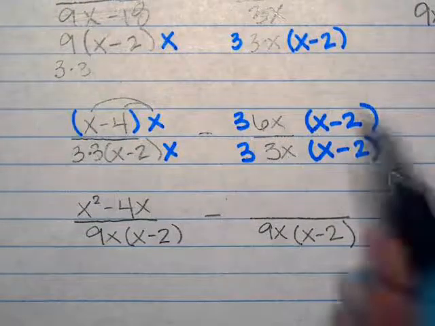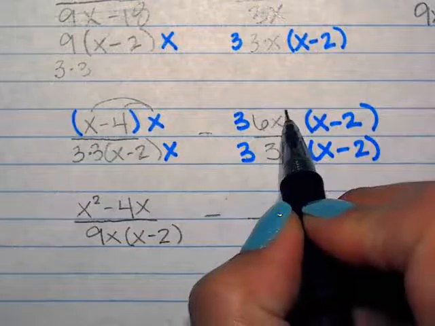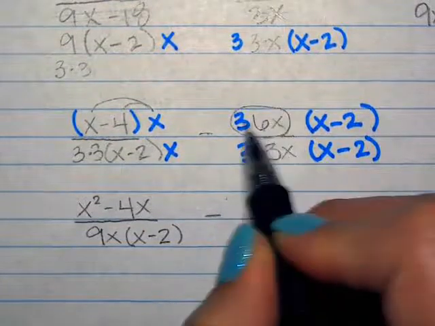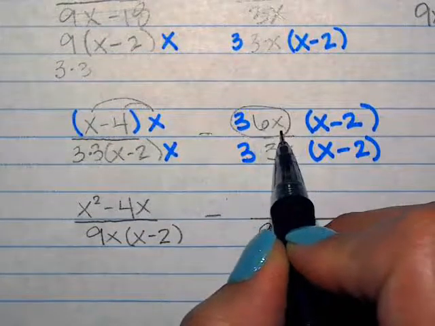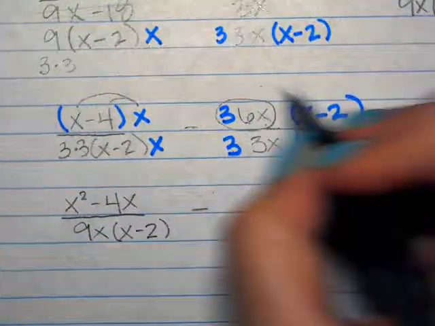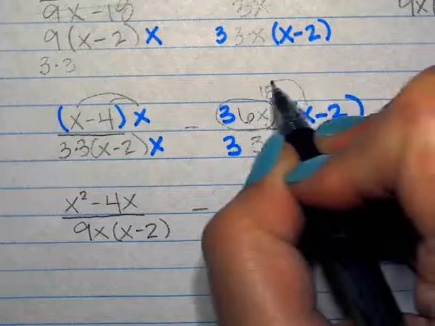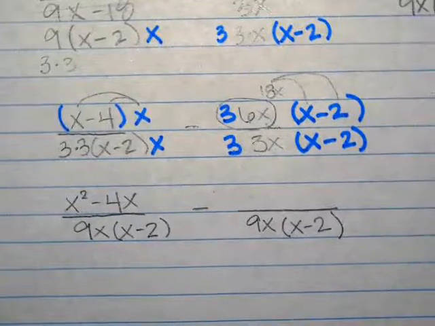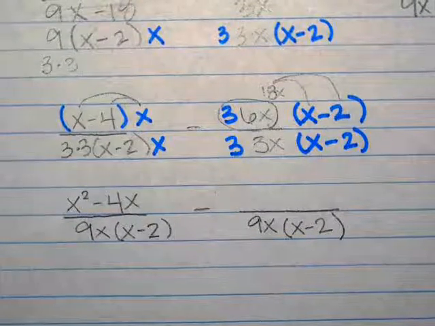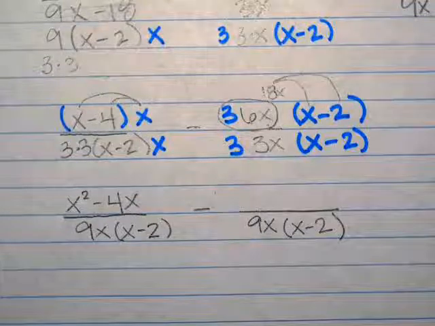And then right here, what is 3 times 6 times x? Okay, so I have 18x, 18x times x, 18x times negative 2. What is 18x times x?